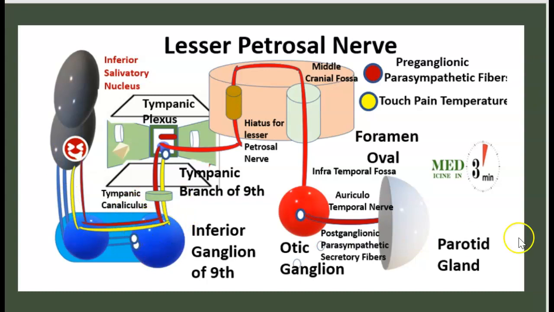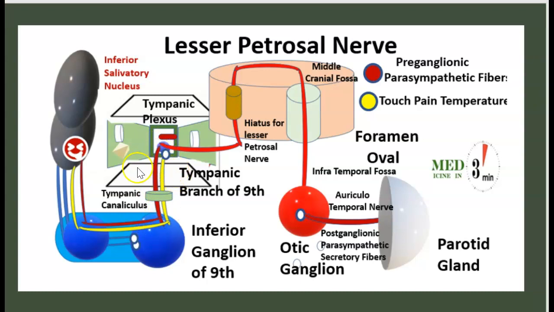From this inferior ganglion, preganglionic parasympathetic fibers detach from the nerve, and they go through the tympanic canaliculus and constitute the tympanic branch of the glossopharyngeal nerve. This is the tympanic branch of the glossopharyngeal nerve.